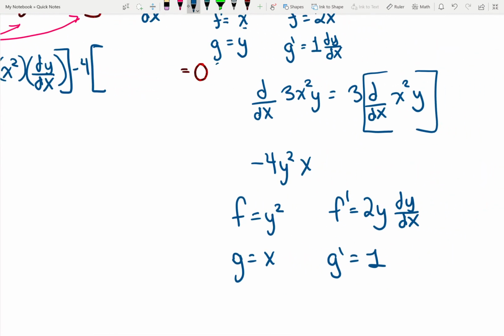Let me just keep the same order. 2y dy/dx times x. Oh my gosh, we're running out of room here.